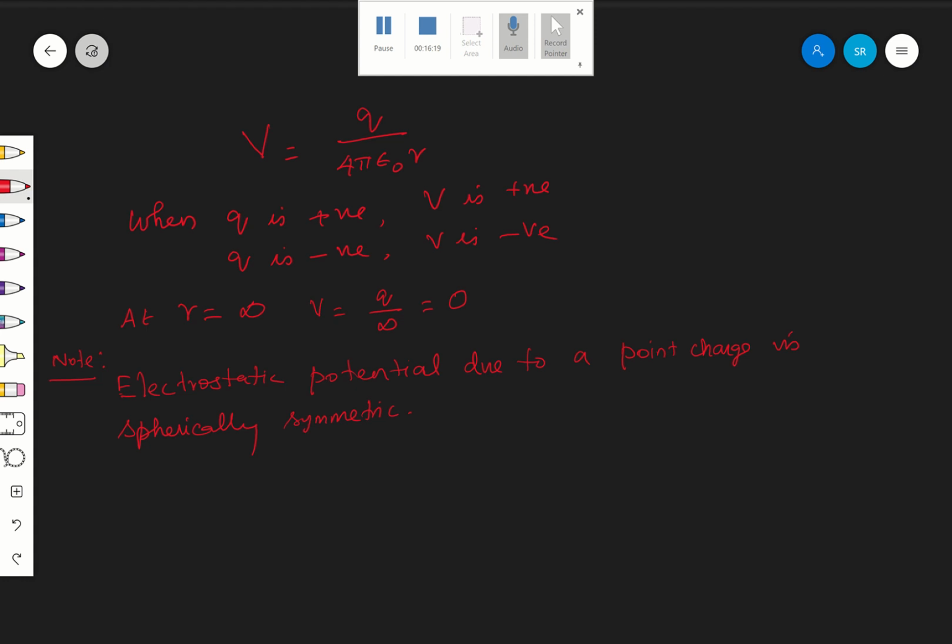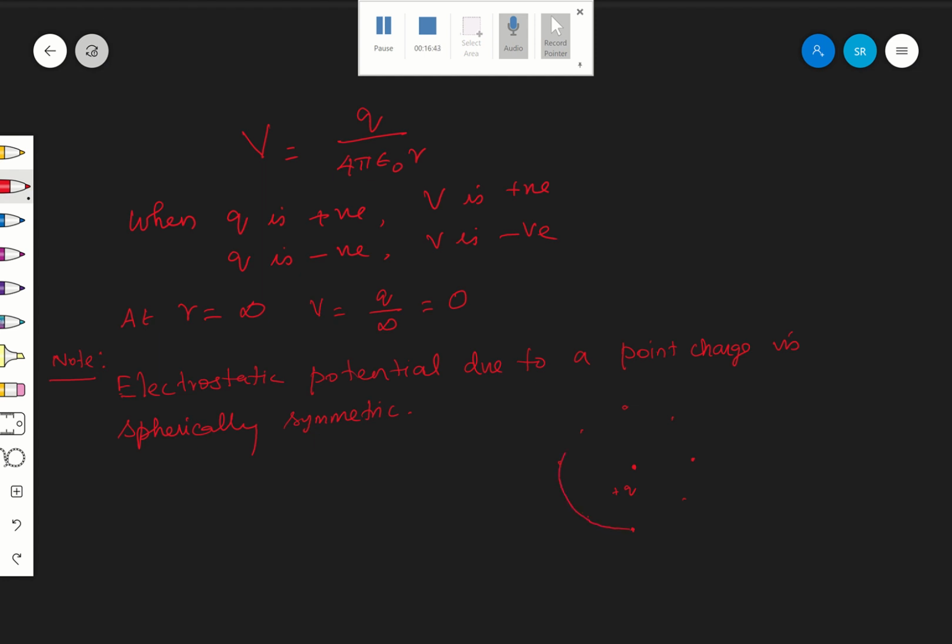What do you mean by that? See, if my charge is here, at every distance R, here R, here R, here R, every point which is at the same distance from the charge will have the same electric potential.